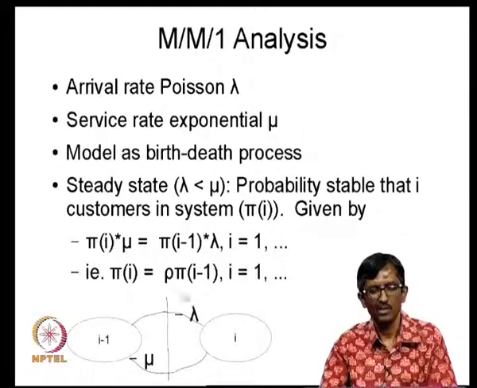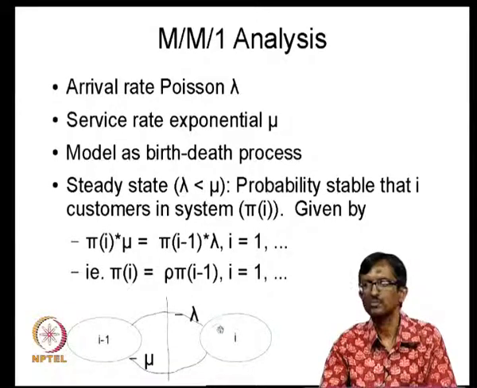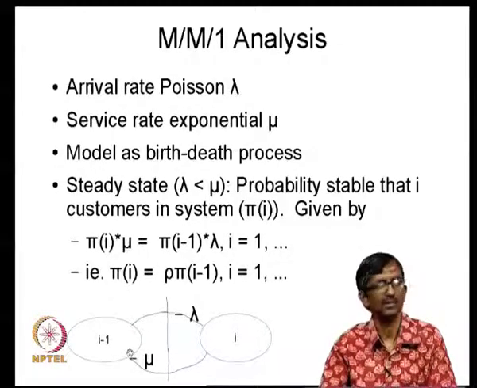So this equation has to be valid: n times pi i minus 1 times lambda should be equal to n times pi i times mu. That is the number of customers here, the chance of anybody making a transaction is lambda, and the chance of anybody making a transaction is this.